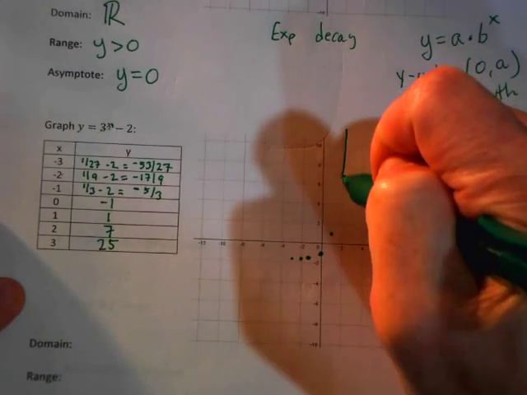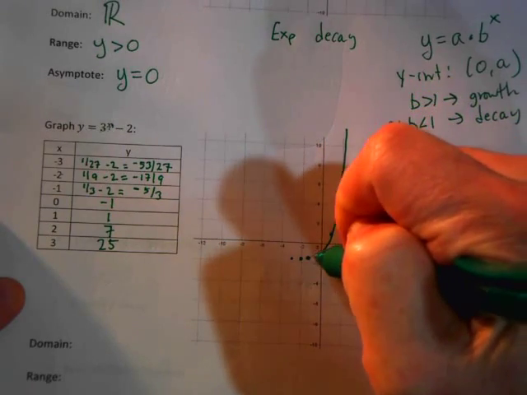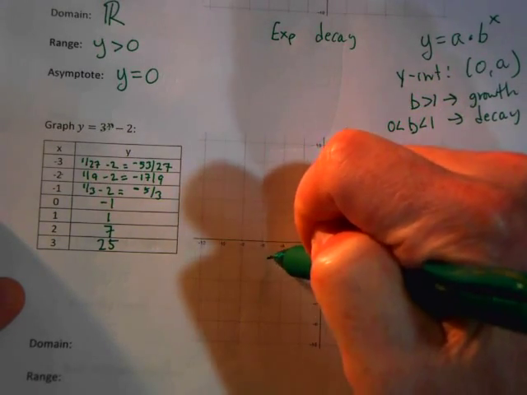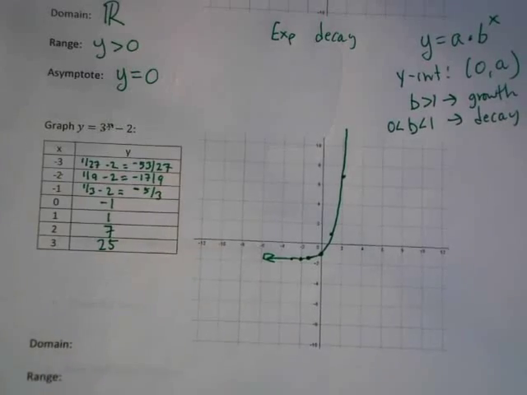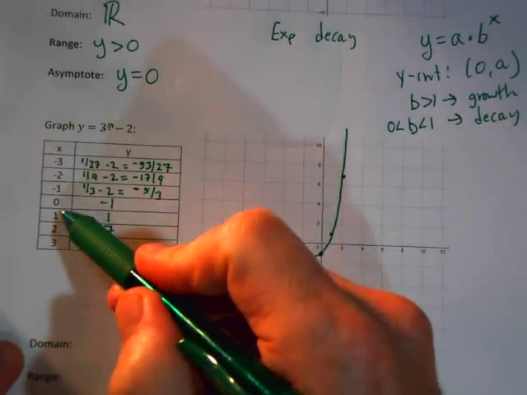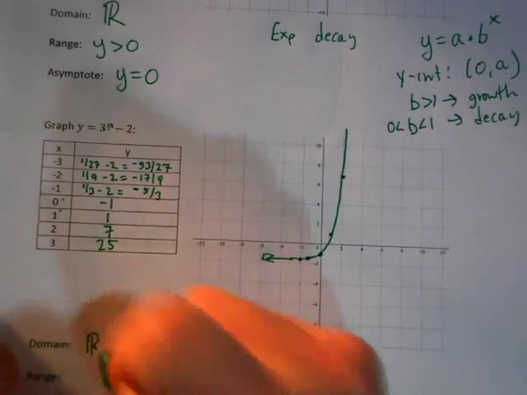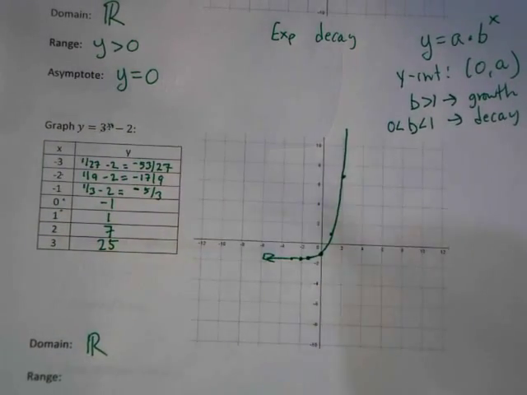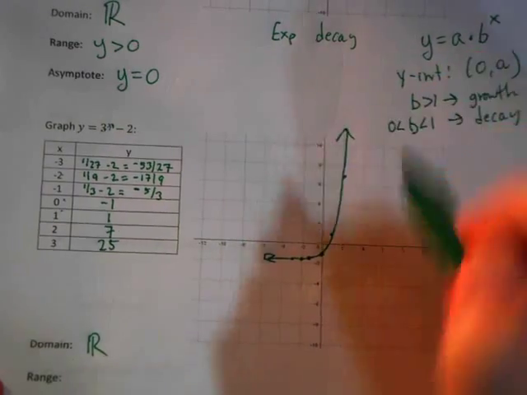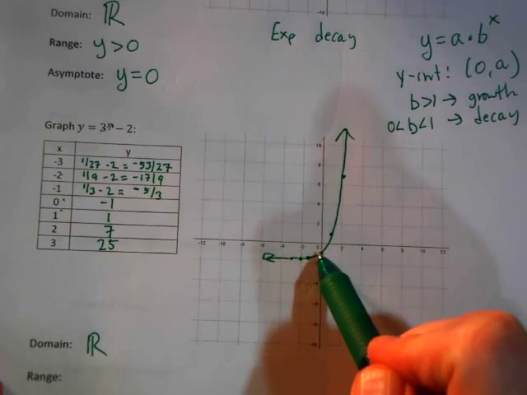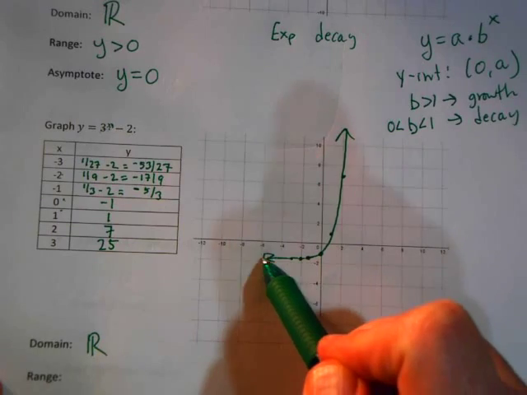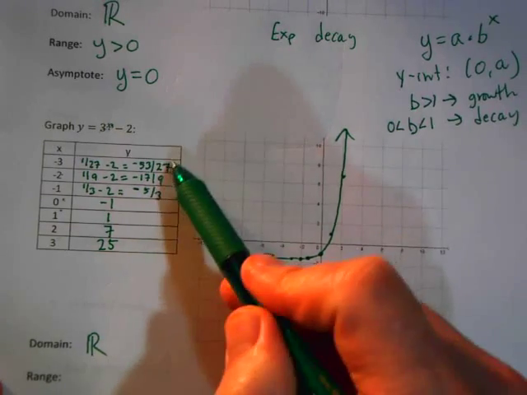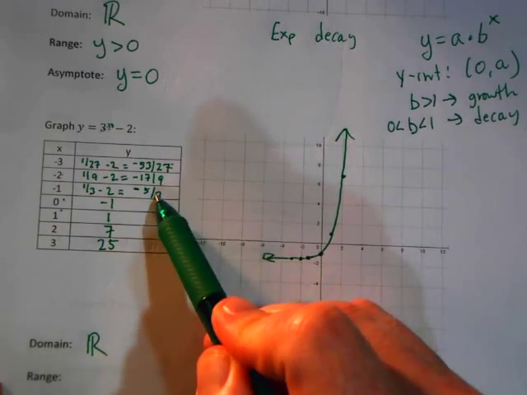So here's what's happening. Our graph looks like so. Our domain, again, positives, 0, negatives. Our domain is all real numbers. But look at our range this time. What's happening is this graph is coming down and getting really, really close to negative 2, and we saw that in these numbers here.